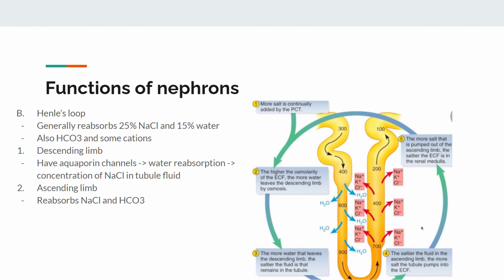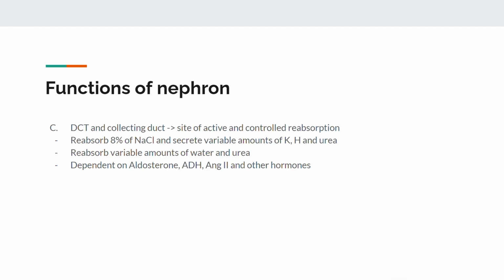You don't really need to know anything more than that the whole function of this is essentially to concentrate the filtrate, to maximize the reabsorption and secretion of the things that the body needs into the blood. So it's trying to reabsorb all the things that we want and get rid of all the things we don't want. And it does this through this countercurrent system.